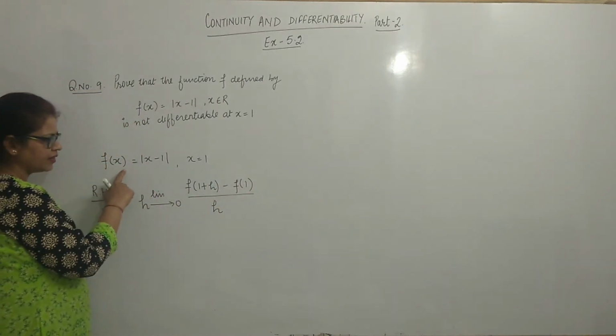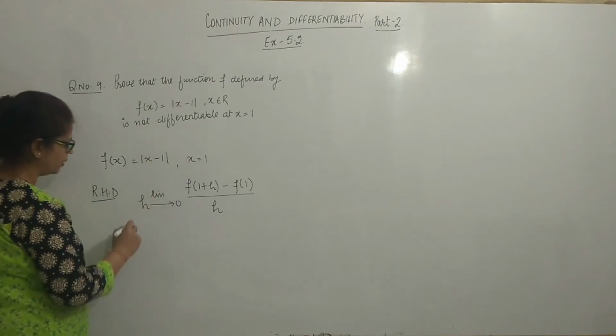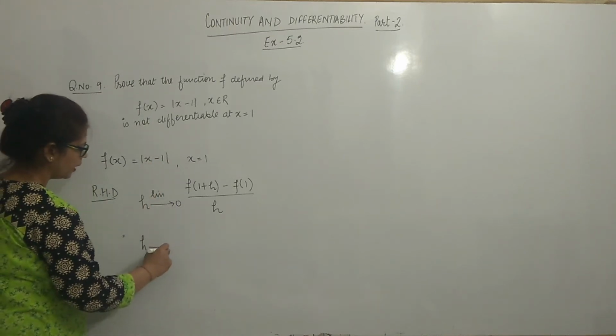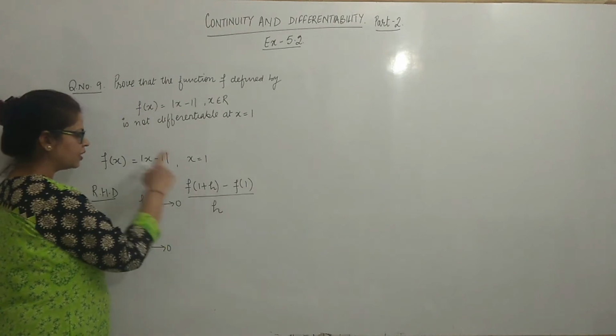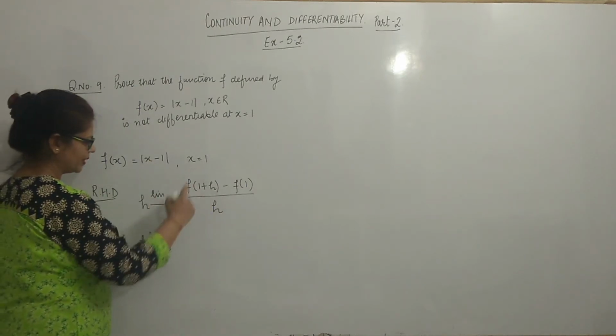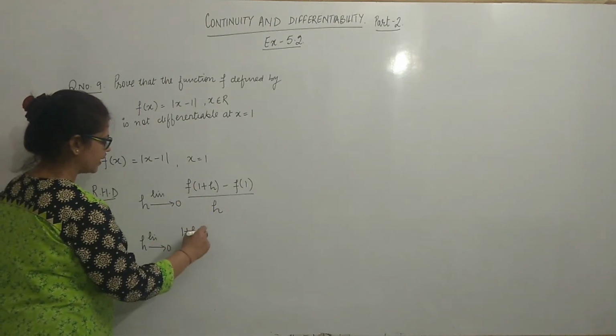Your function f(x) is mod x minus 1. So when you are going to write f of 1 plus h, replace x by 1 plus h. So, mod 1 plus h minus 1.